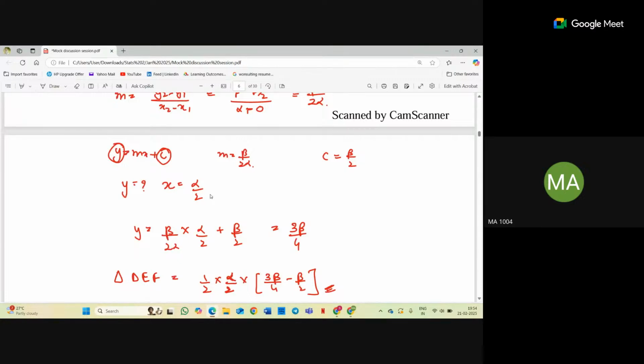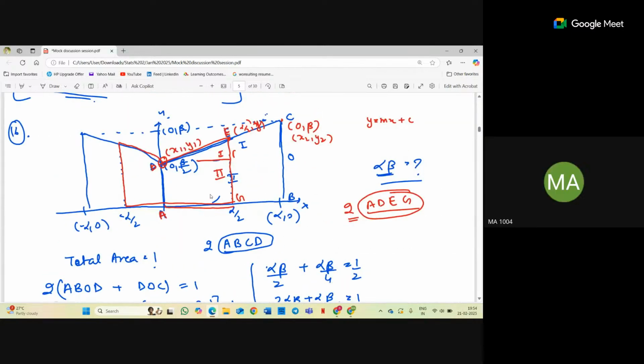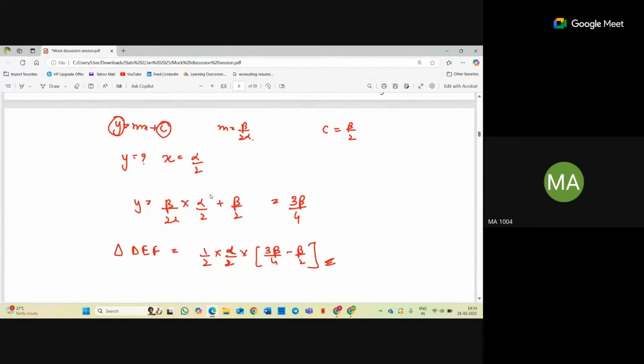Now I have to find out the value of y when my x is alpha by 2. If I put the value of m, the value of x, and the value of c, I would be getting the value of y as 3 beta by 4.